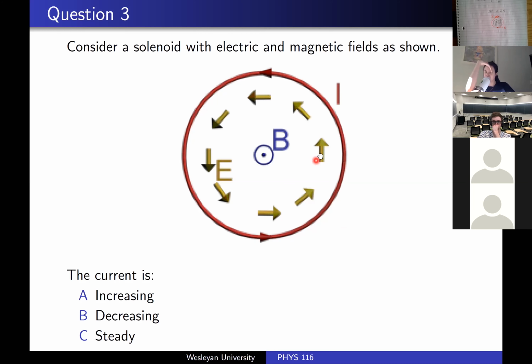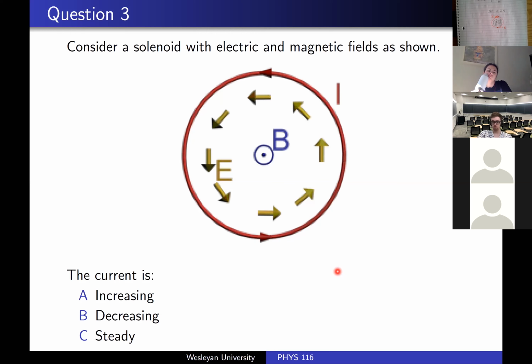If the B field's coming out of the page, then the B field is going clockwise around the current. Sorry, the B field's always going clockwise around the direction of the current, and so for it to come out, the current has to be moving in the same direction as the E field. And so if they're in the same direction, then the current. Oh, wait, I'm sorry, I got it confused. Never mind.